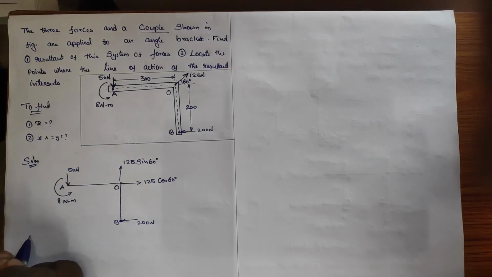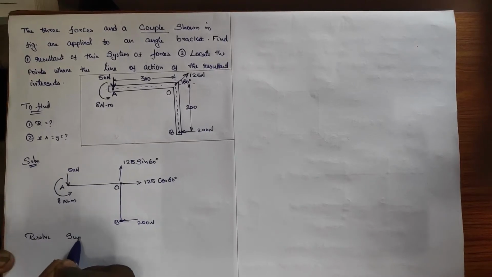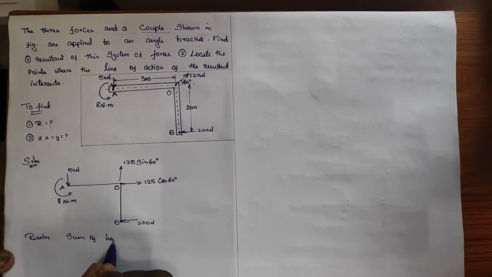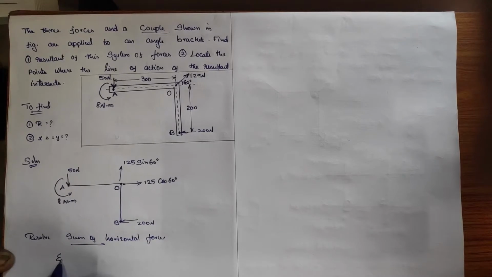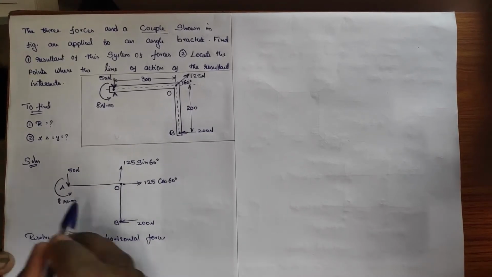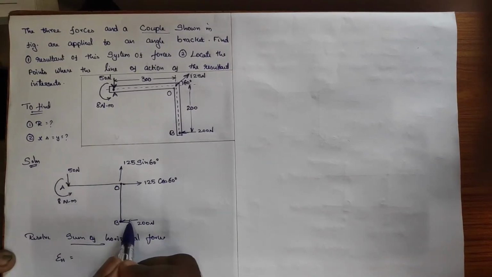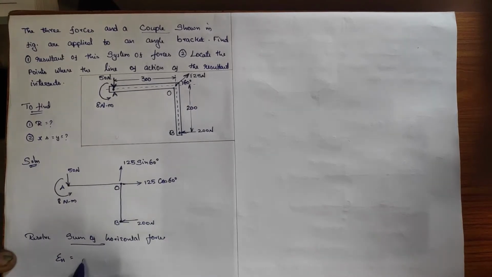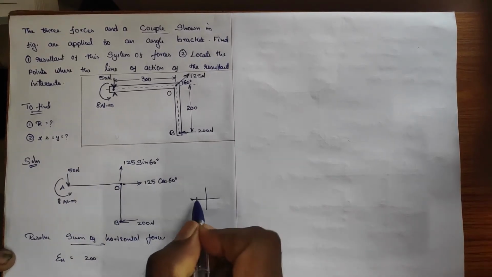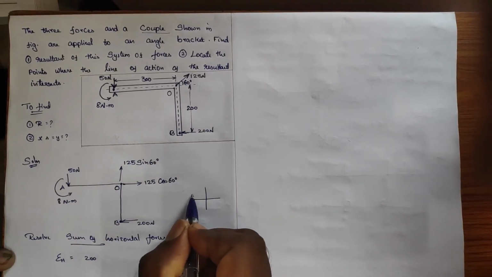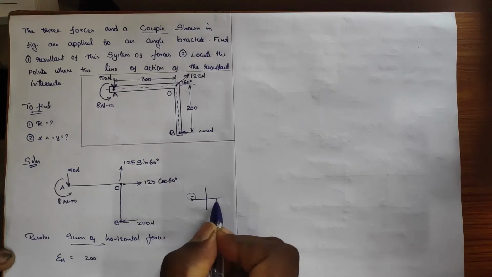For that, resolve the sum of horizontal forces, summation of H. So here add all the horizontal forces. Here come two horizontal forces, one is 200 Newton, which is directed towards the negative side, that means left side, so it carries a negative sign.